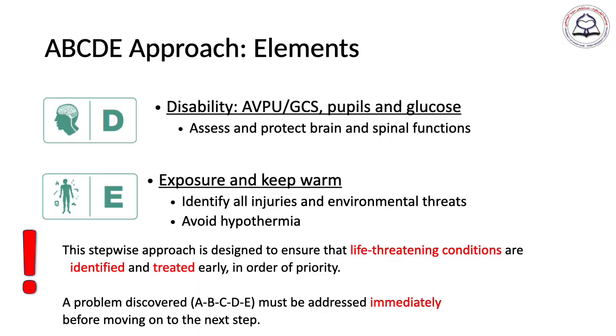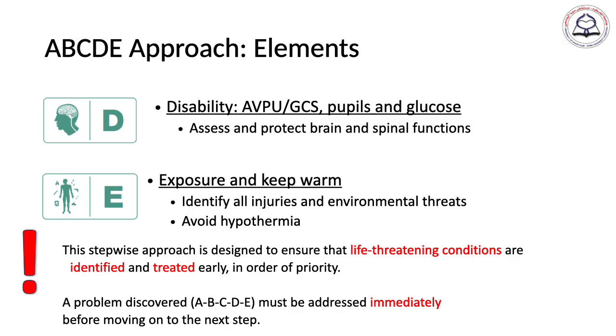The fourth element, D, disability: here we are looking for any condition affecting the brain and spinal function, and we use measures like AVPU, whether the patient is alert, responding to verbal stimuli, painful stimuli, or unconscious. During the secondary survey we can use the GCS, Glasgow Coma Scale, and we have to assess the pupils and see if there is hypoglycemia.